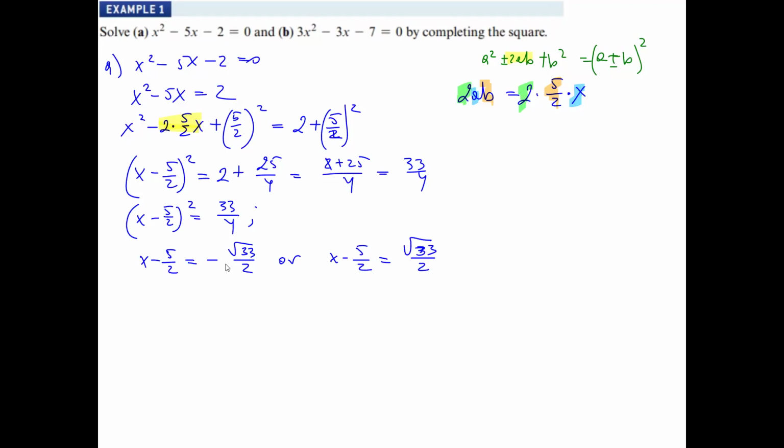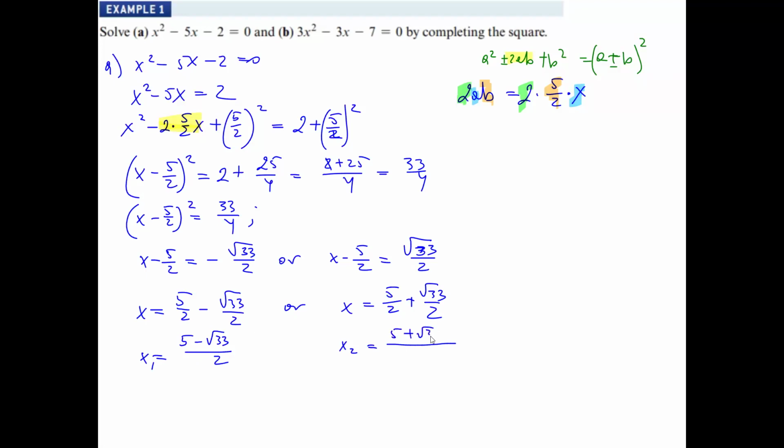One time the root is negative, one time the root is positive. Okay, so x is what? x1 is 5 minus the square root of 33 over 2, x2 is 5 plus the square root of 33 over 2.